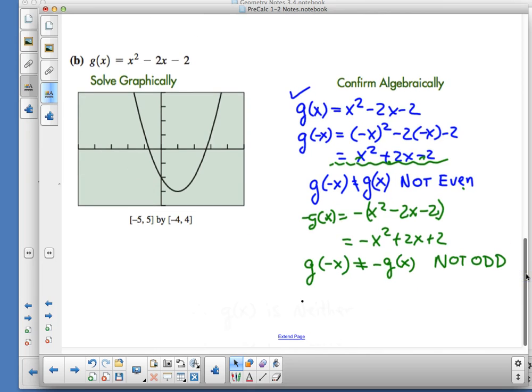But now let's talk about the pictorial information we have from the graph. If it's going to be even, that function's centered perfectly on the y-axis. If it's going to be odd, split the function by the y-axis and rotate that axis 180 degrees with the function in it, and it should come back to itself.